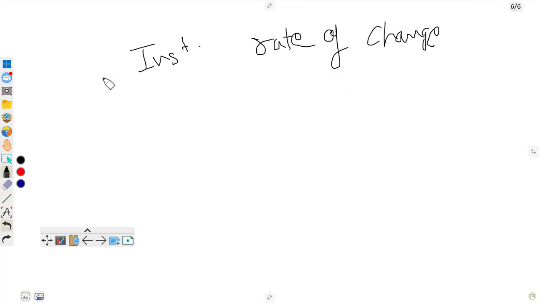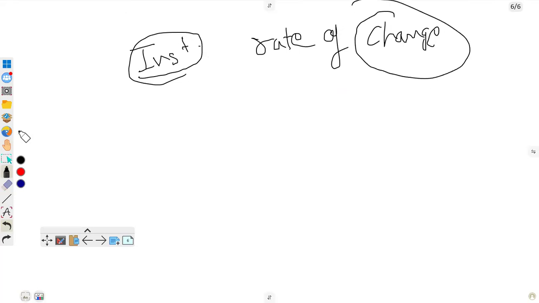Okay. So instantaneous rate of change seems like an oxymoron, right? I mean, how is it instantaneous as well as change? हमें instantaneous speed निकालनी थी. Speed, what is speed?